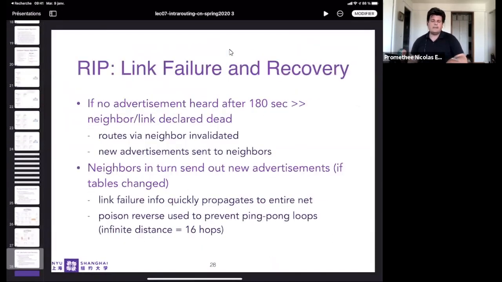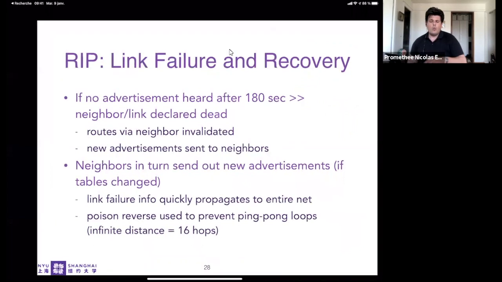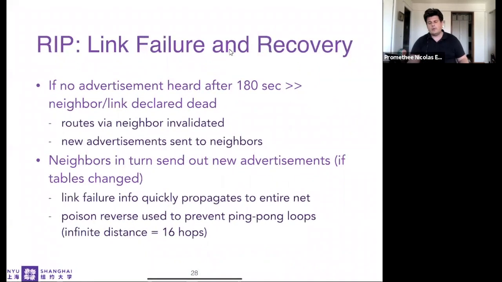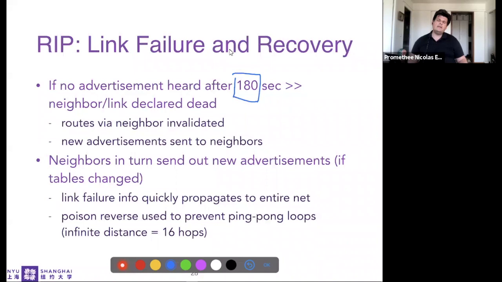So anyway, guys, once again, link failures, you discover them through using that timer. So it takes a lot of time to realize about it, right? And basically, normally, we have the Poisson reverse with the infinite distance of 16 to be able to limit the count to infinity problem.